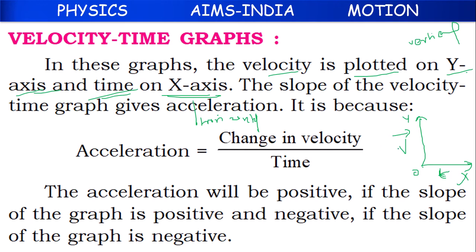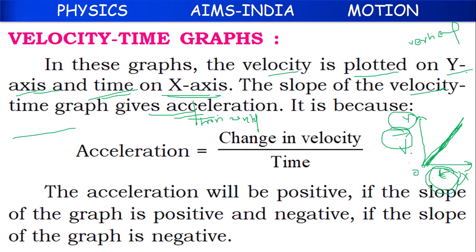The slope of a velocity time graph will give the acceleration. What is the slope of a graph? If this is the line which represents the velocity time relation of a body in motion, then the slope of this line will give the acceleration. Slope means the measurement of the y coordinate by the measurement of the x coordinate, which means the measurement of velocity by the measurement of time.